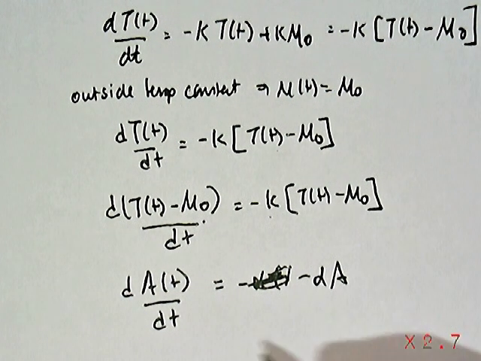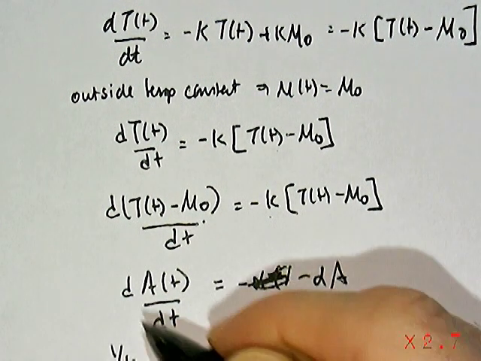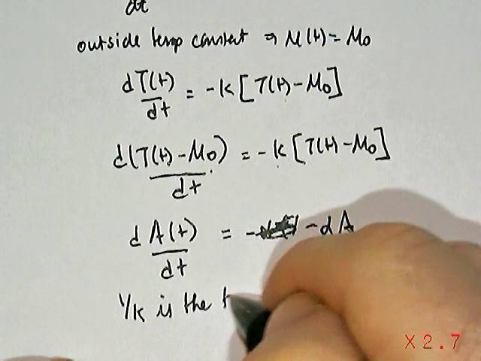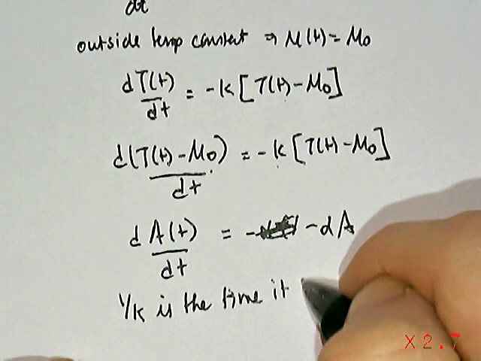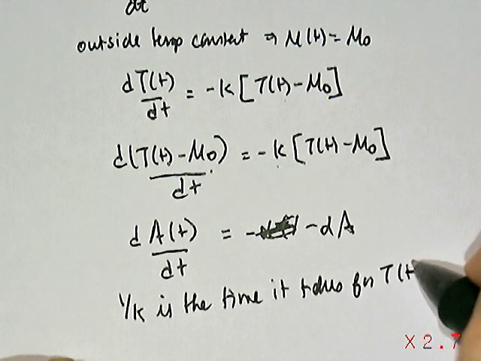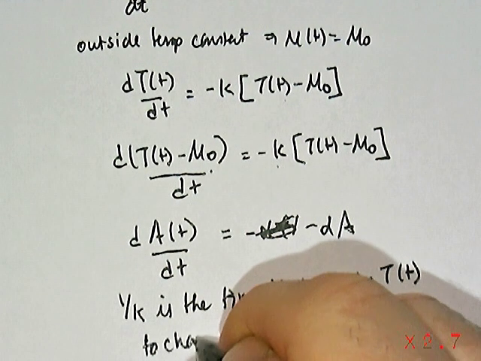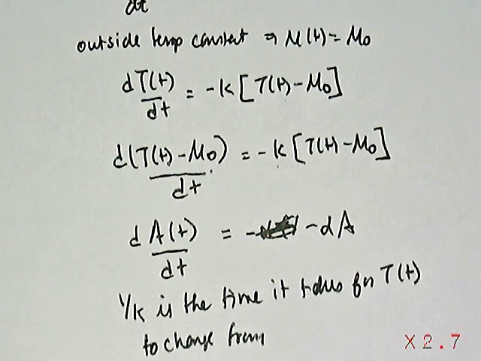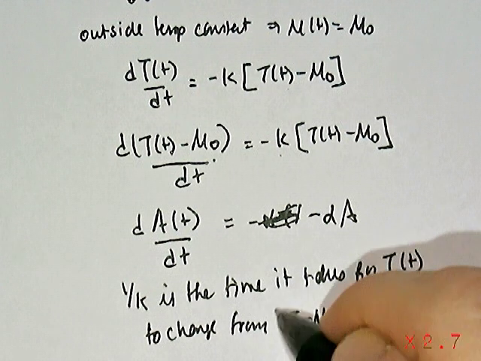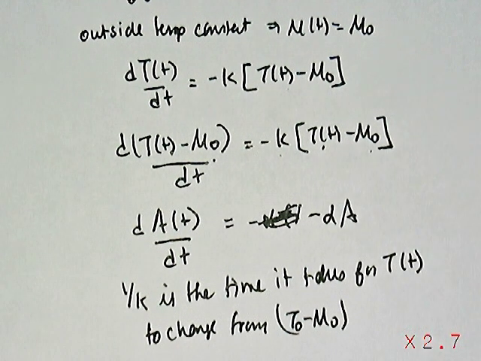So for this particular problem, the alpha is K. So what we have is that 1 over K is the time it takes for the interior temperature, T of t, to change from, in this case, the initial value T0 minus M0, because this A of t now is this T of t minus a constant.